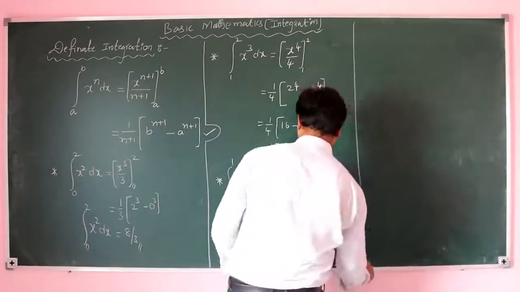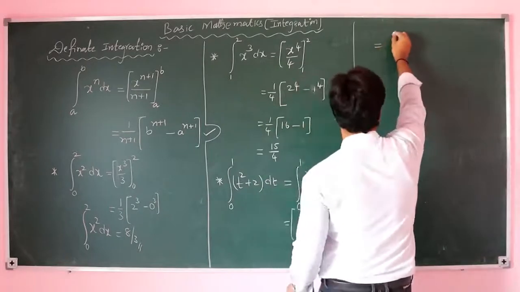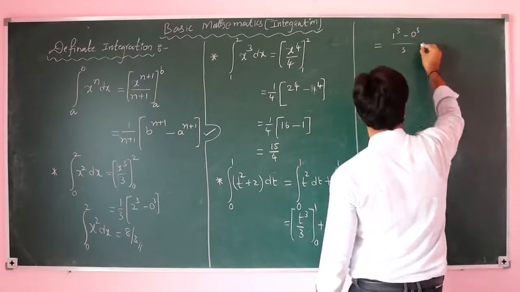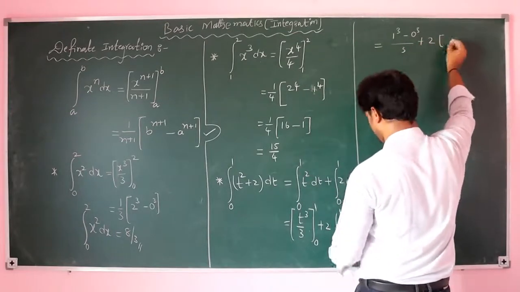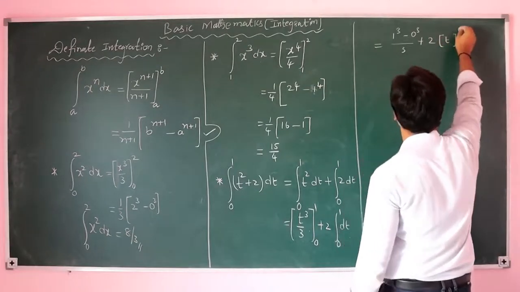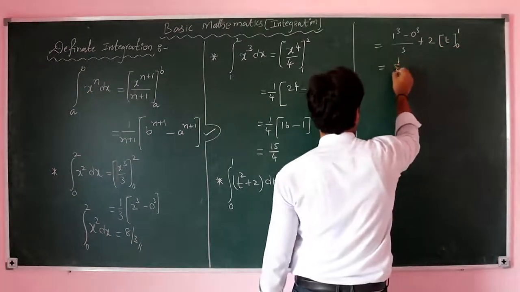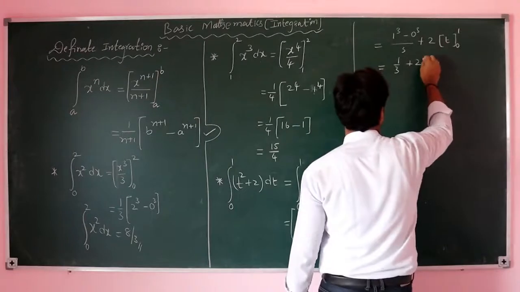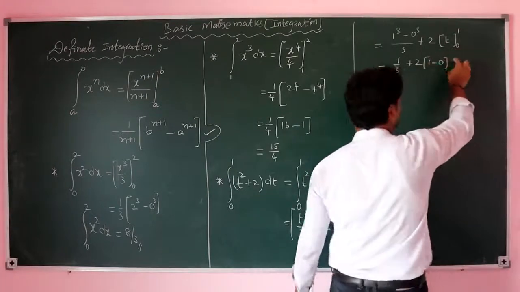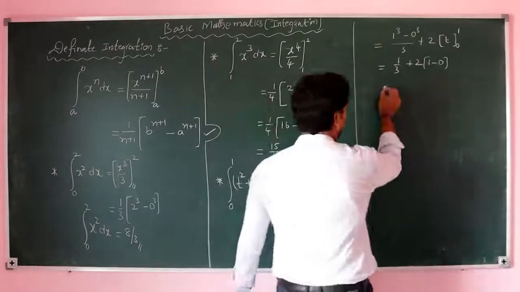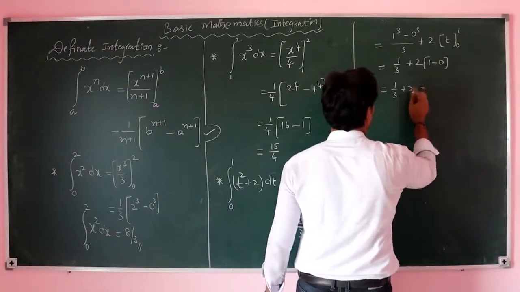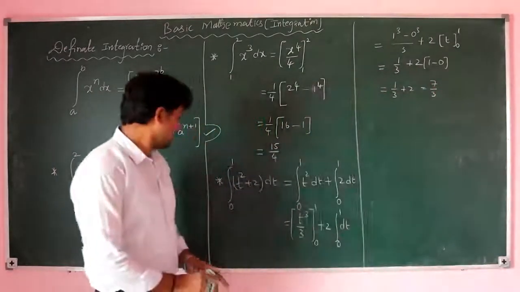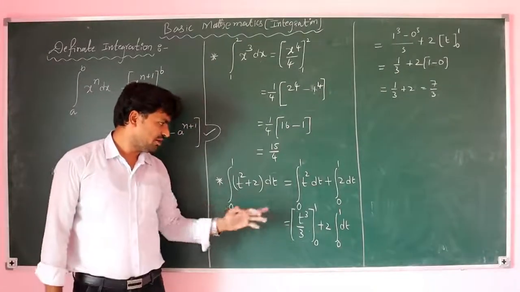Upper limit 1 cube minus 0 cube by 3 plus 2 into t value 0 to 1. So 1 by 3 plus 2, upper limit 1 minus lower limit 0. So then 1 by 3 plus 2, 3 2s are 6, 6 plus 1 is 7, 7 by 3. Integral t square plus 2 into dt, how much we are getting?